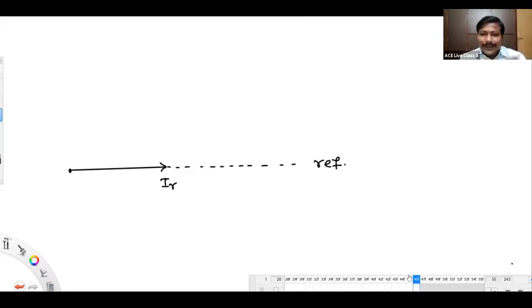Receiving end voltage will be leading. So I'll show here, this is the receiving end voltage to be expected. And the angle gap between these two is phi r.